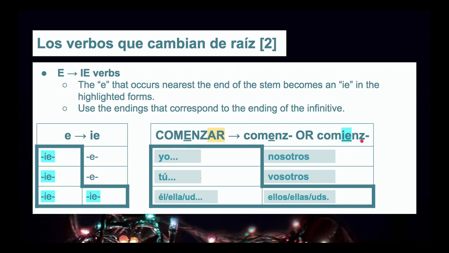From here, we'll add the regular AR endings to the stem because remember, stem changing verbs use the regular AR, ER, or IR endings. Yo comienzo, tú comienzas, él comienza, ella comienza, usted comienza.